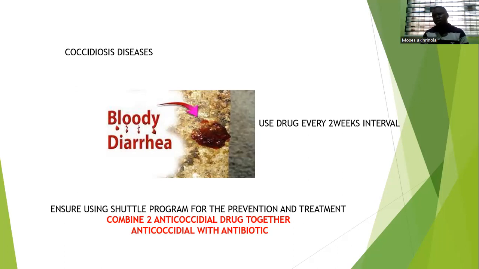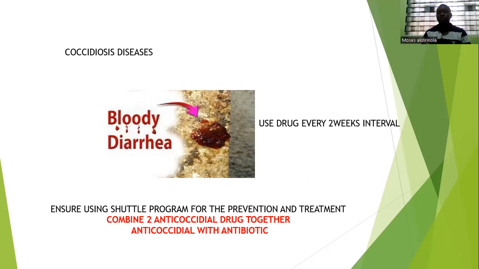Now, when you are talking about coccidiosis, it is very important. There are anticoccidial drugs that can be used to prevent this. In the program you'll be running for your farm, it must be inclusive. What I mean is that it must be there.